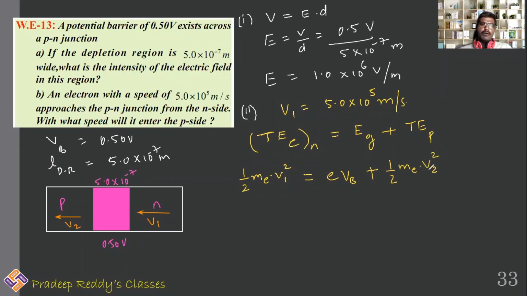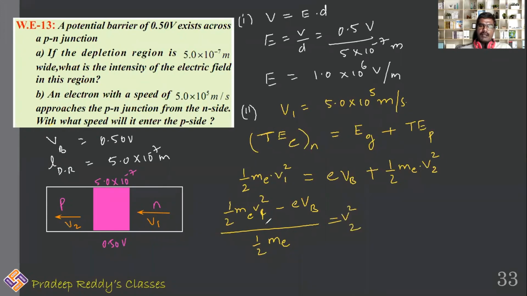Now I want to find out with what speed will it enter the p side. You want to find out with what speed it enter the p side. That means you should calculate v2. Therefore half me v1 square minus E into Vb divided by half into me is equal to v2 square.